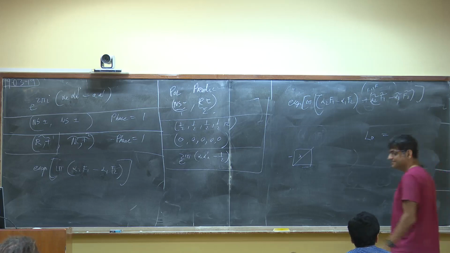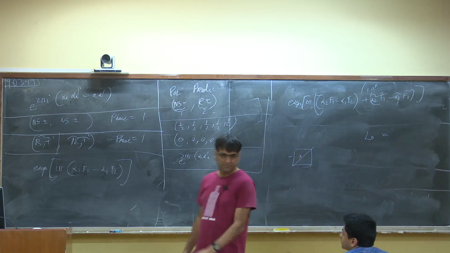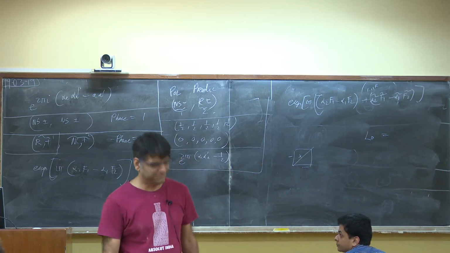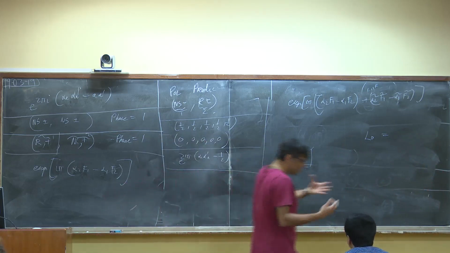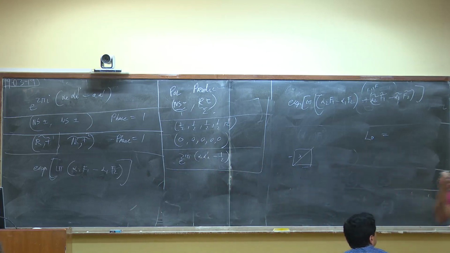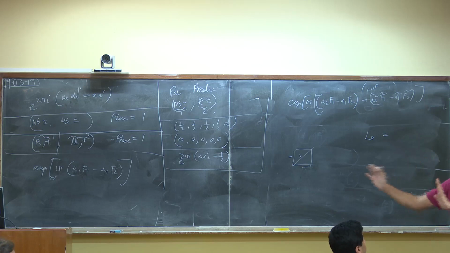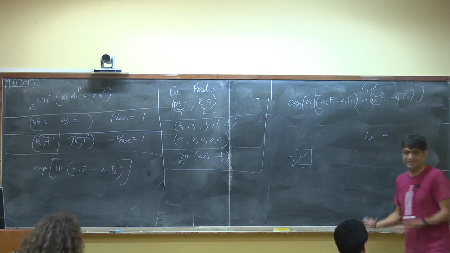That was just a physical state condition, that L0 is whatever it is. That came from T annihilating our states. And L0 bar is whatever it is. Now, since they're both whatever they are, they're equal to each other.